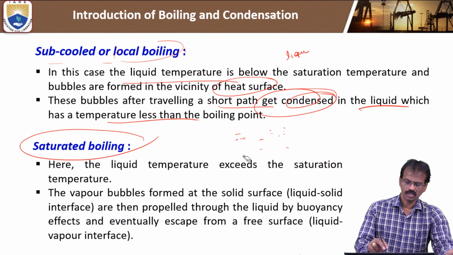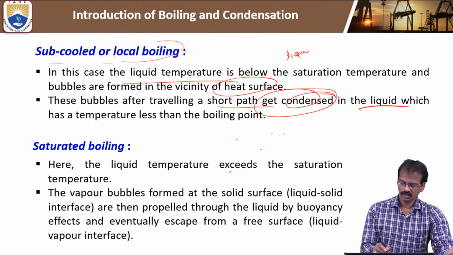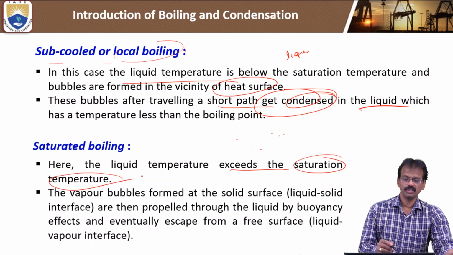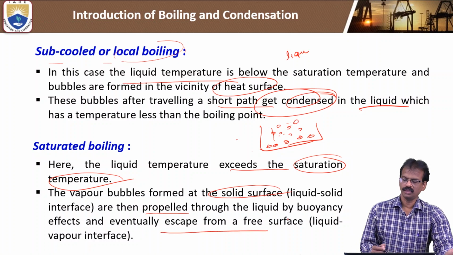Now we'll see saturated boiling. What is saturated boiling? Here the liquid temperature exceeds the saturation temperature. The vapor bubbles formed at the solid surface are then propelled through the liquid to the top surface and eventually escape from the free surface.